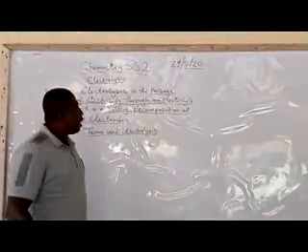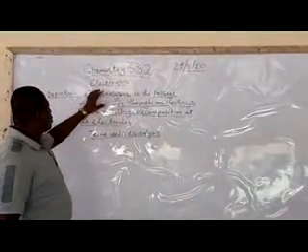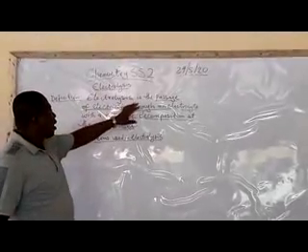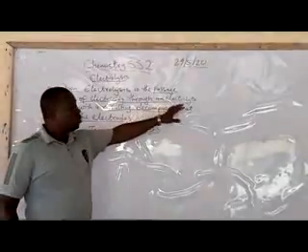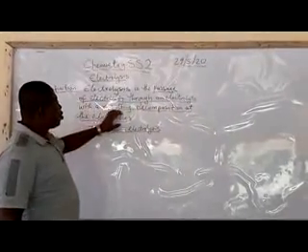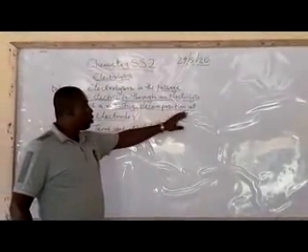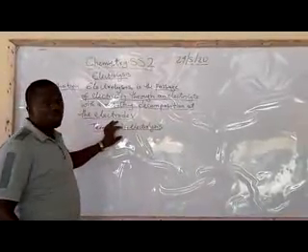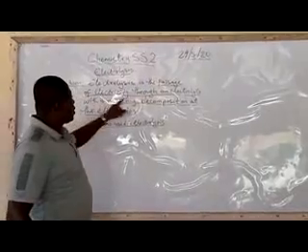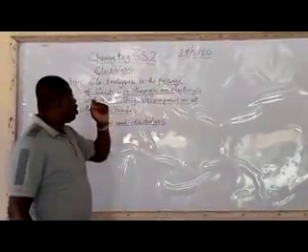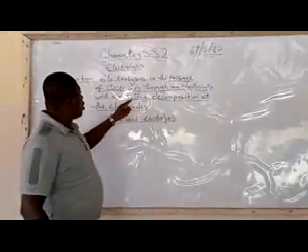Electrolysis is defined as the passage of electricity through an electrolyte with a resulting decomposition at the electrodes. The reason why I underline passage of electricity through an electrolyte is that they are the key words you must use.